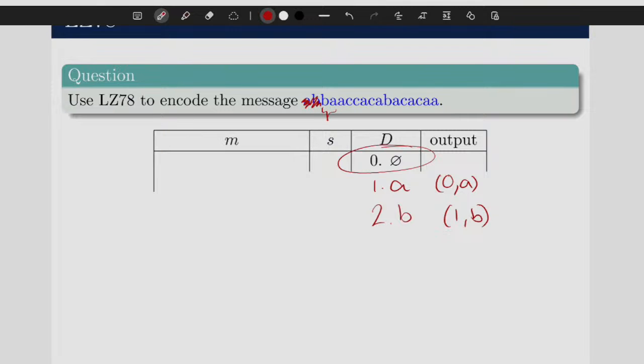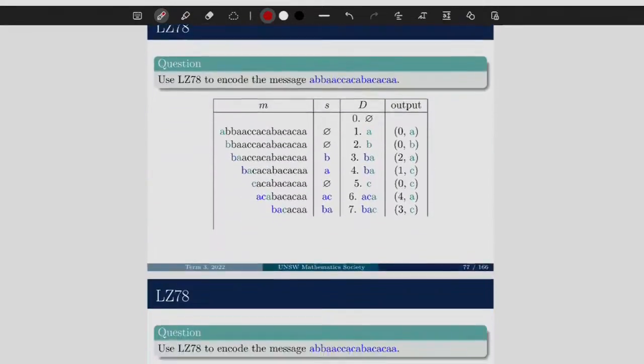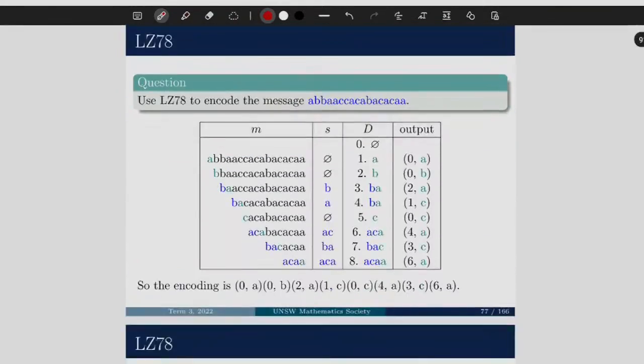Since there is a BA here, well, we can say it's BA. This is the same as the second symbol, so B plus another A at the end, right? So second symbol plus another A at the end, right? And we'll basically continue this for the entire process. I might just scroll down just so we can see that coming through. Yes, okay, cool.